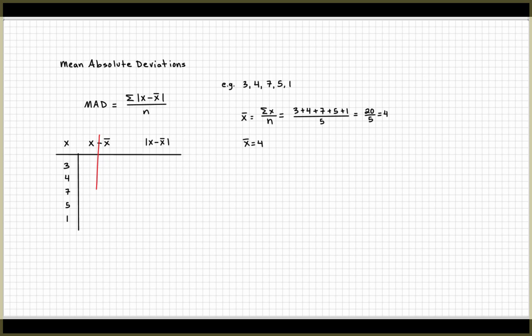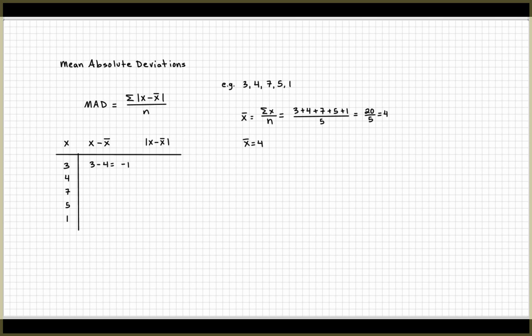Now the column says that you take x, which is 3, right? This is your x value. Then it says to subtract your mean. Where's your mean? Your mean is over here. So you're going to subtract 4. Okay, great. Now 3 take away 4 is going to be negative 1.